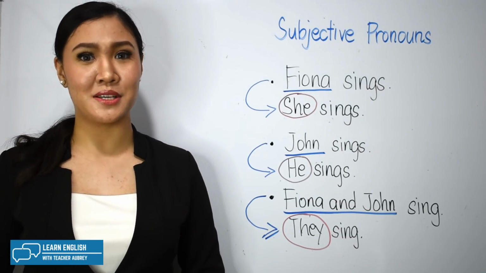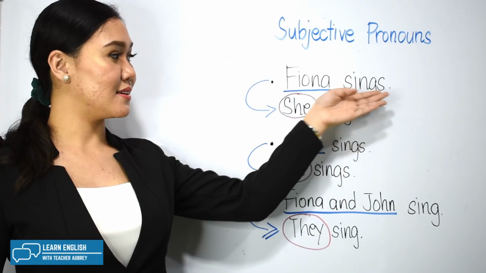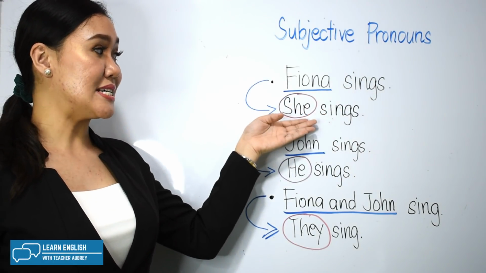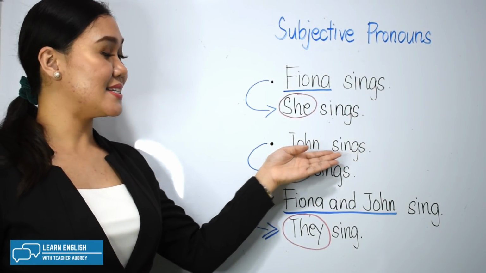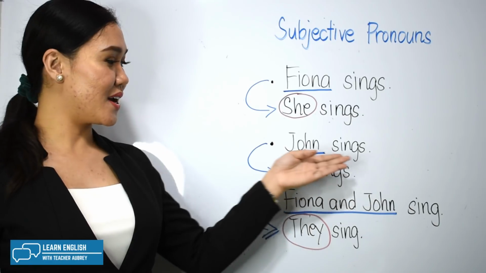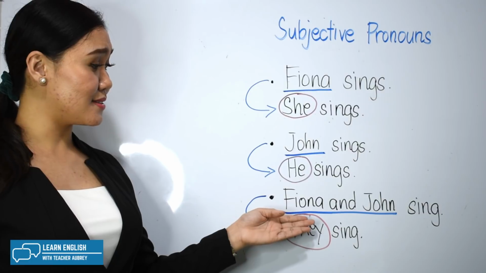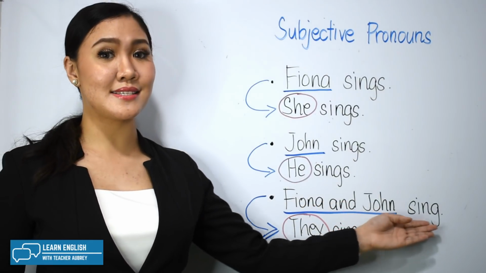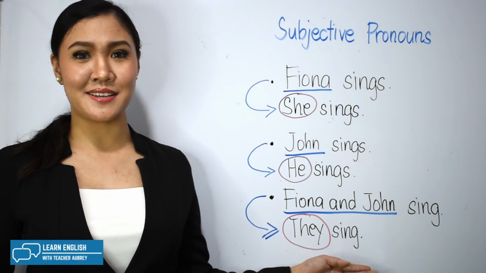Repeat after me. Fiona sings. It becomes she sings. Next is John sings. It becomes he sings. And the last is Fiona and John sing. And it becomes they sing.